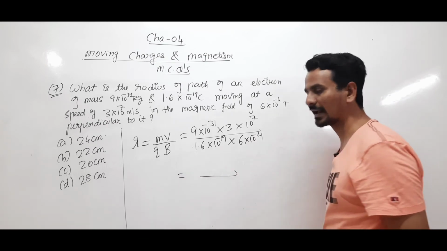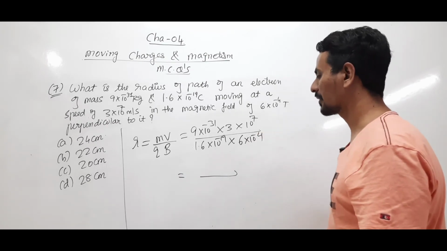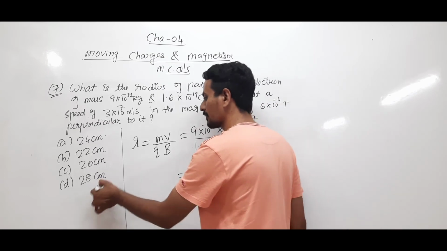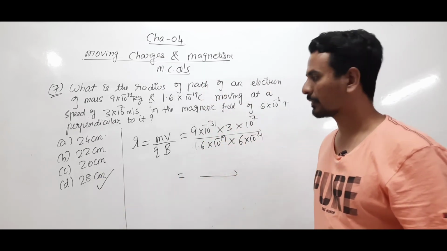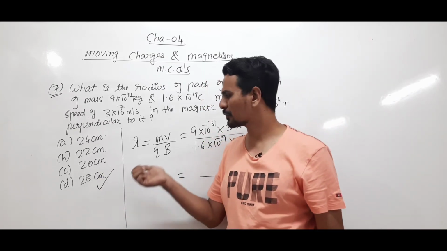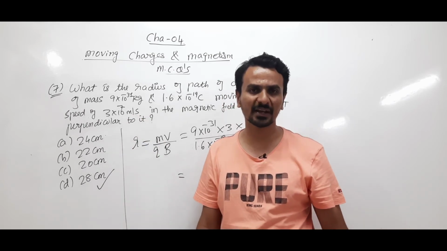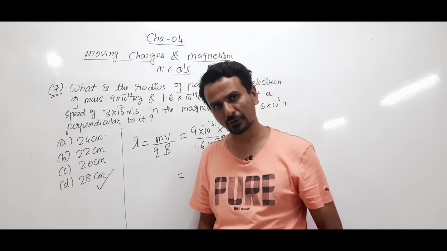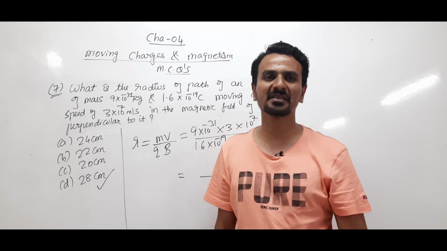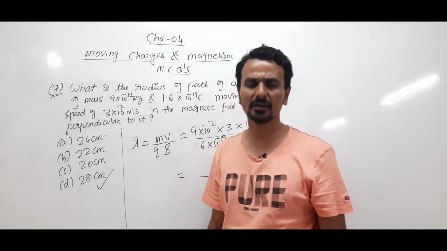Solve this, you will get the radius of the circular path. It will be 28 centimeter. So D is the correct answer. You just have to put the formula R equals mv by qB. m is the mass, v is the velocity, q is the charge and B is the magnetic field. Clear? Done. The next one.